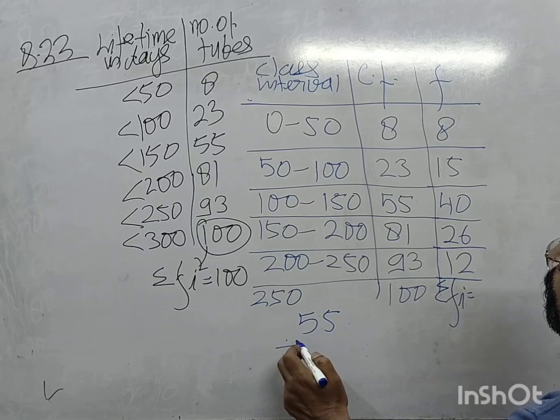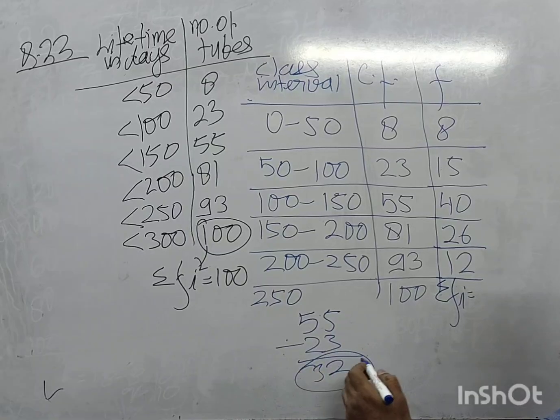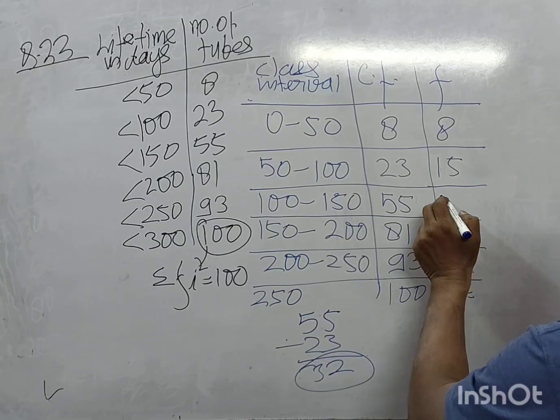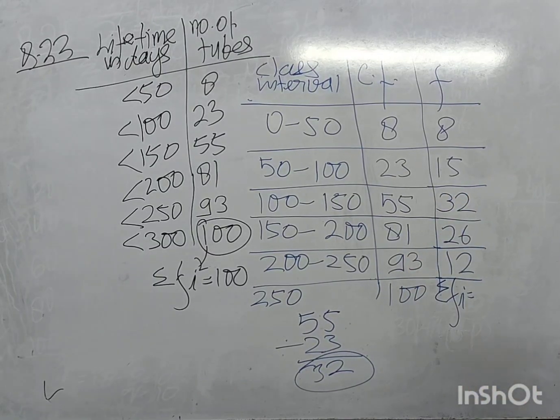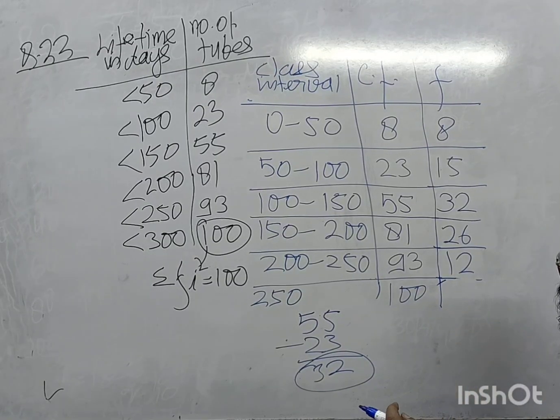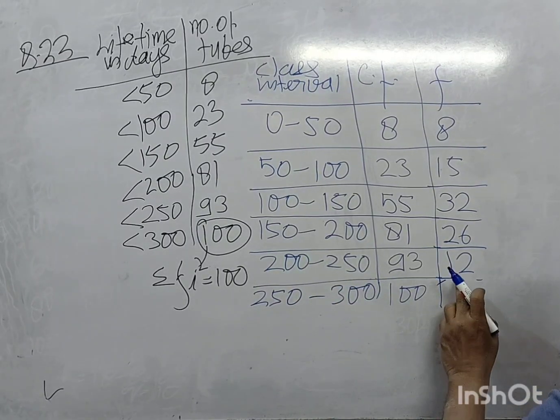So 55 minus 23 becomes 32. Right? It will come 32. 250 to 300 is 100.